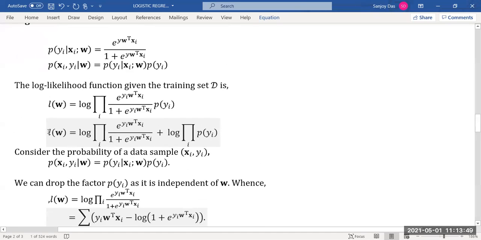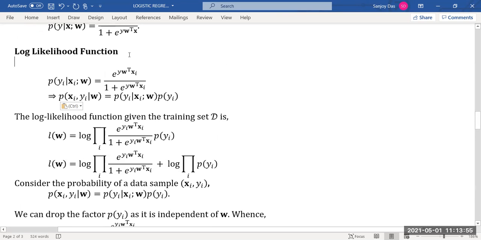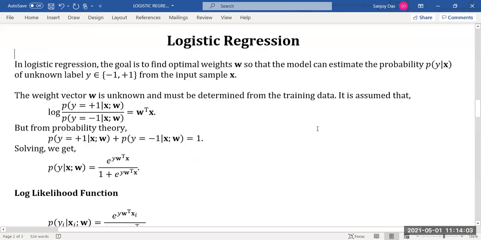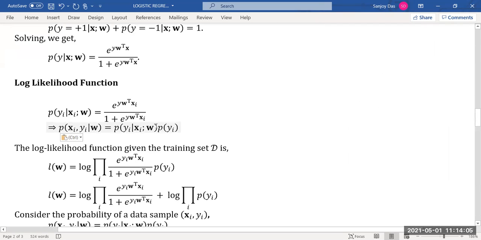Now, we are trying to devise the log likelihood function using this logistic regression. Now, this P of yi is independent of w because xi, yi is an input sample, a training sample that's given to us, correct?